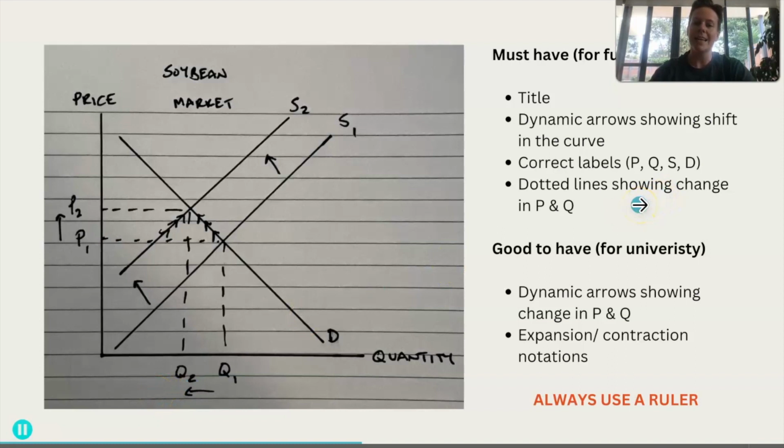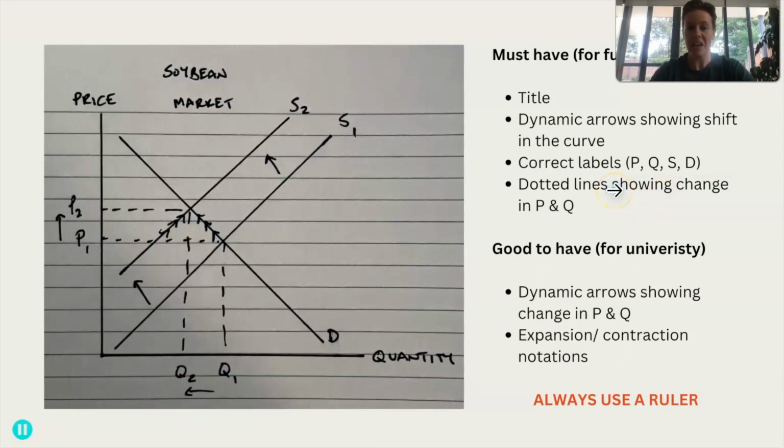And the other piece is that you need to have the dotted lines showing the changes in P and Q. So what I mean by that is these dotted lines here show me my initial equilibrium point, and then the second set of dotted lines show the second equilibrium point. It's also good to have, you don't have to have it, the dynamic arrows, the movements along the curves.